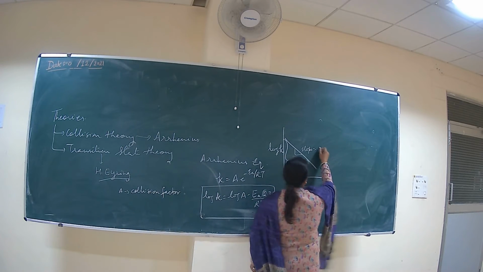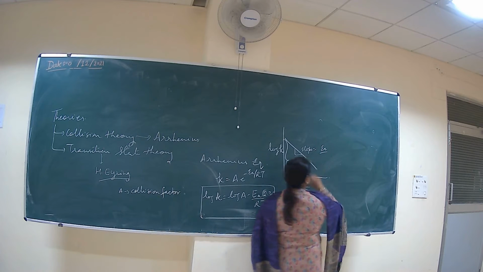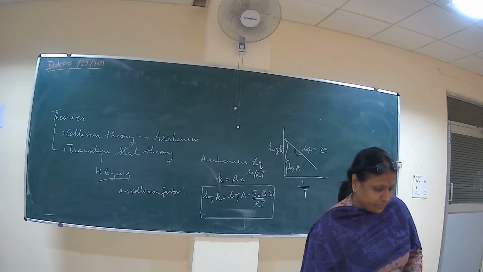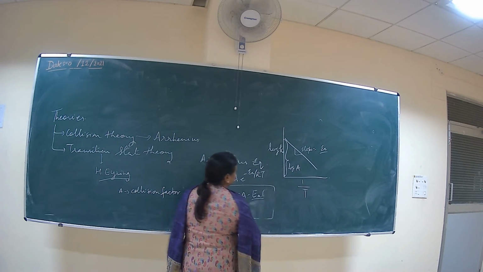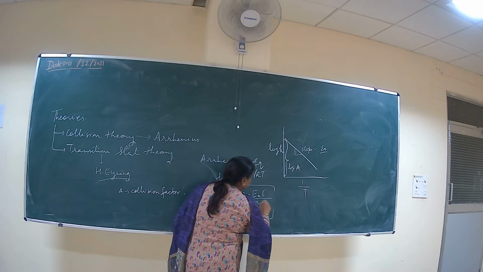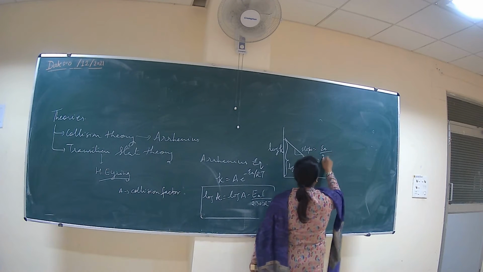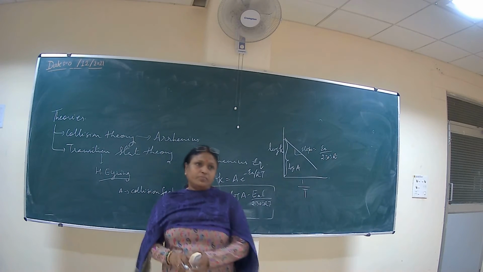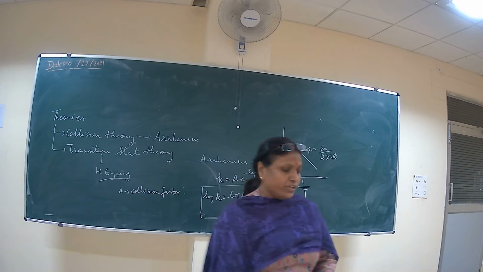So slope equal to EA upon 2.303. ठीक है, it was in the exponent, 2.303 R. ये हमारा हो जाएगा EA upon 2.303 R. ठीक है, this is the slope from which we are able to find out the activation energy of a molecule.